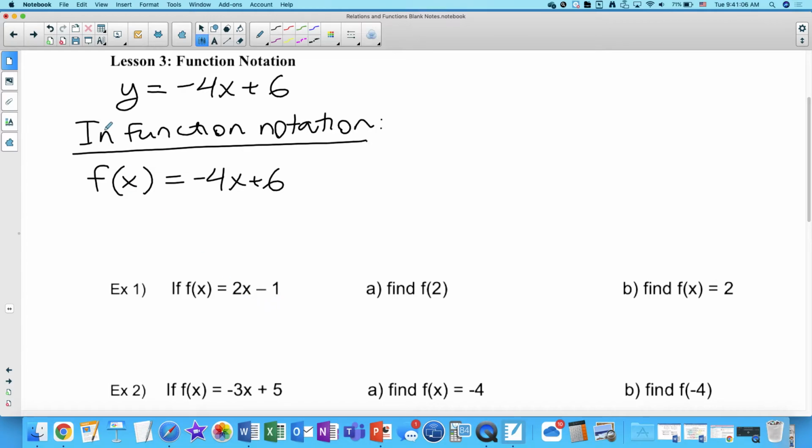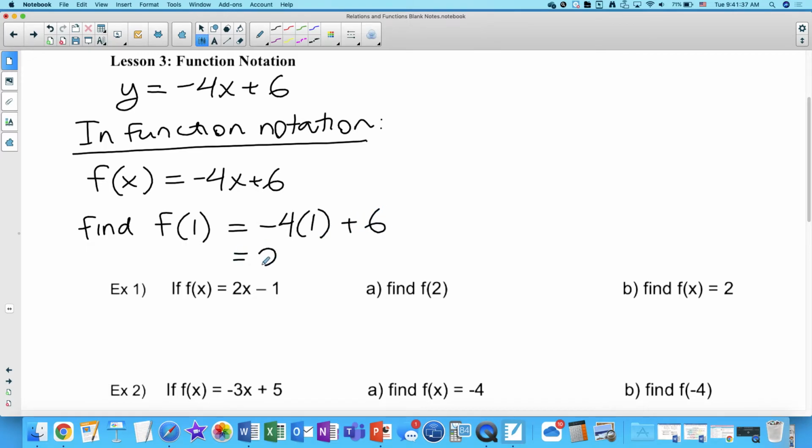So for example, if I wanted to find f of 1, what that means is I'm going to replace the x on the right with the value 1. So this is going to be negative 4 times 1 plus 6, and that is 2. So we would say f of 1 equals 2.